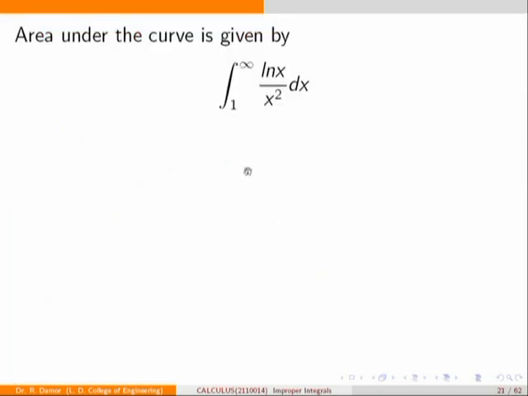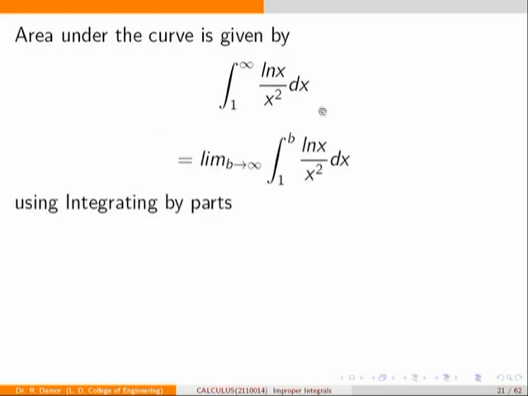The area under the curve is given by the integral from 1 to infinity of ln x upon x square dx. My lower limit is fixed and the upper limit tends to infinity, so I can rewrite this as the limit as t tends to infinity of the integral from 1 to t, or taking b instead, the limit as b tends to infinity of the integral from 1 to b of ln x upon x square dx.